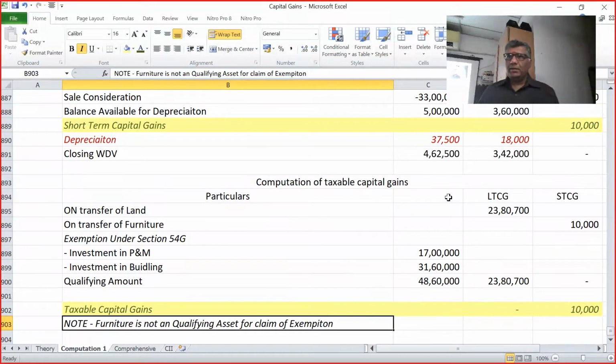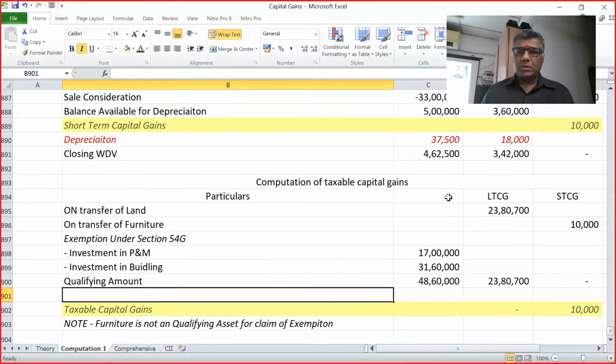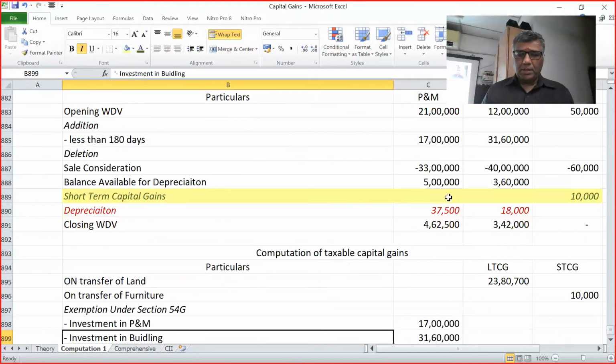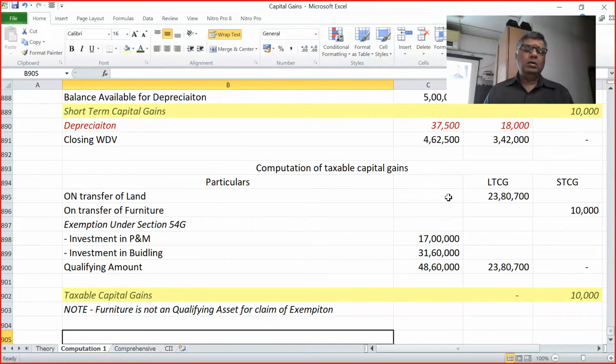Are you clear? So taxable STCG is 10,000 in this case. Remember this. 54G is a popular questionable area.